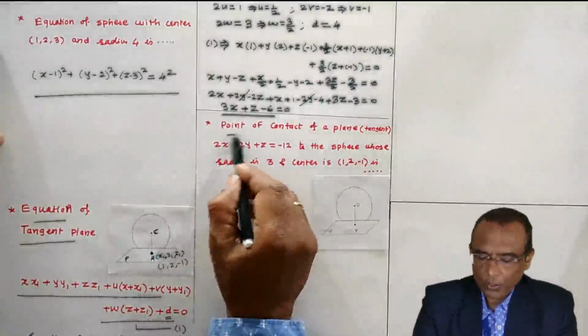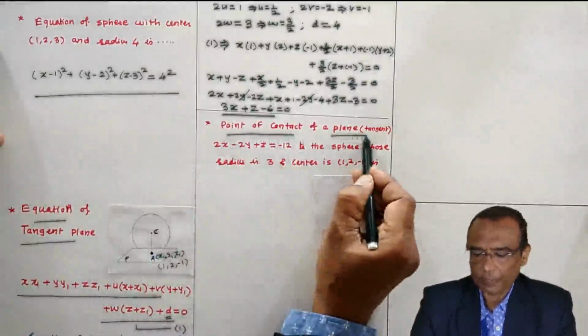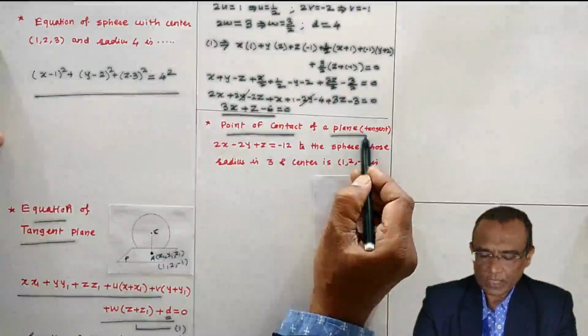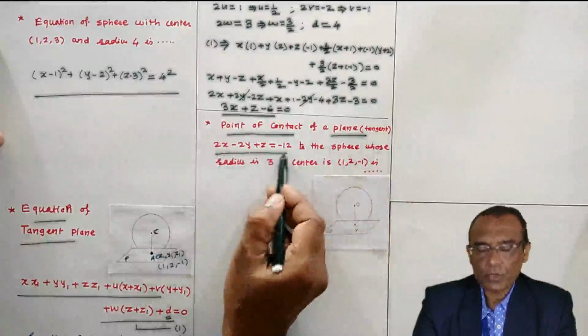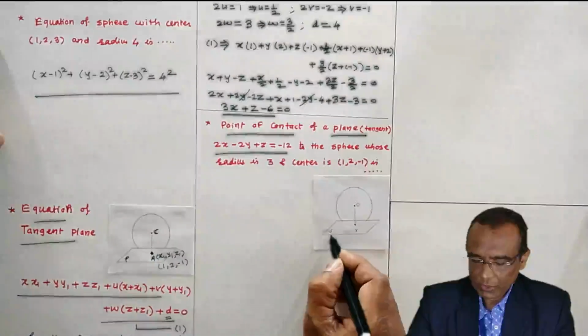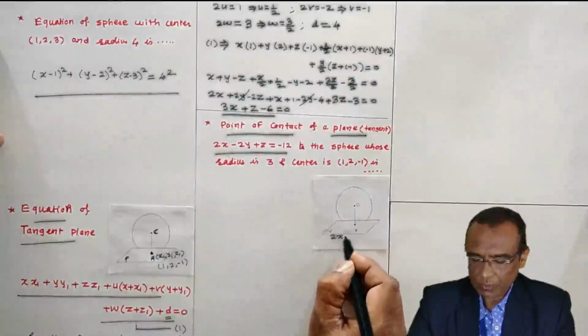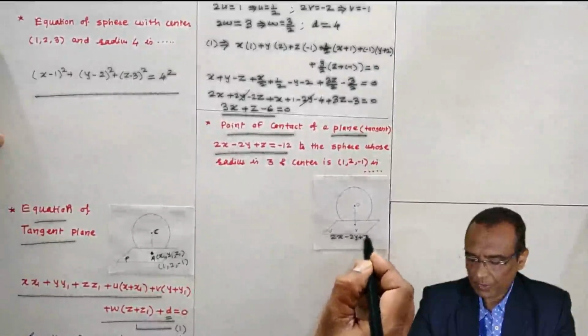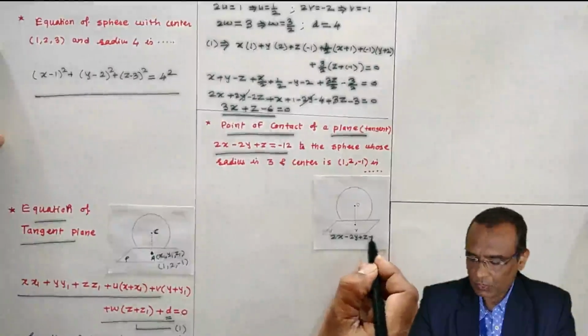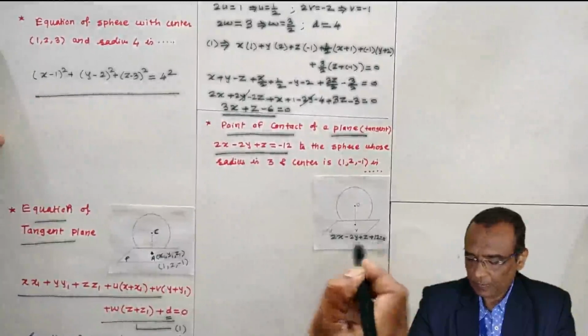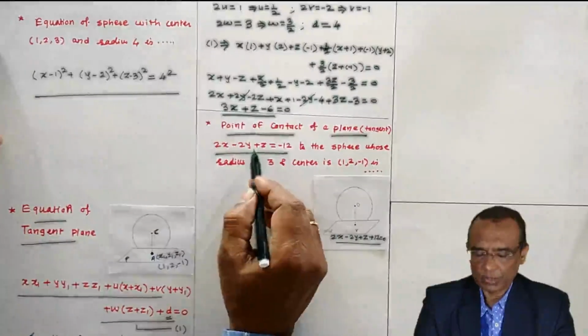Next, the point of contact of the plane, where that plane is a tangent plane. The equation of the tangent plane is given to you: 2x minus 2y plus z plus 12 equal to 0. This minus 12 I have shifted to the left hand side.